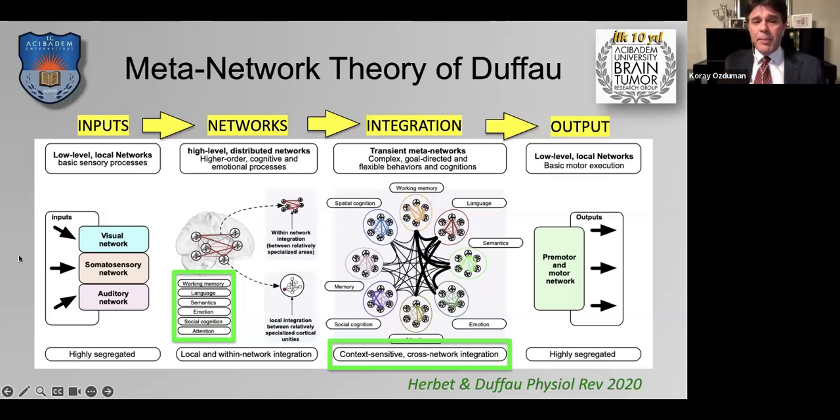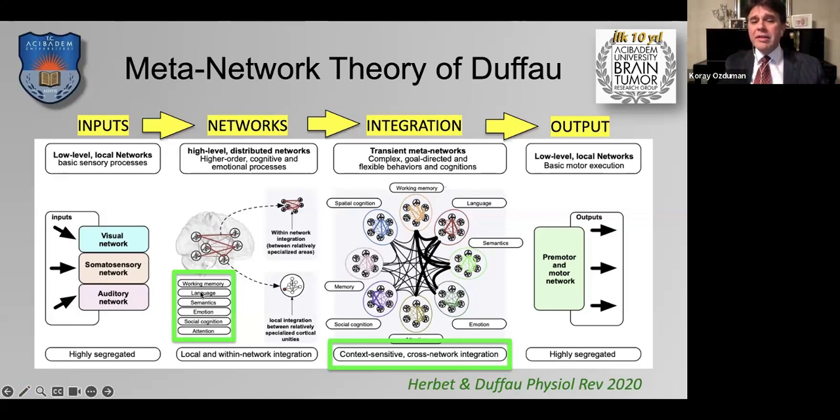All this information is fed into the networks that I just told you about: working memory network, language network, semantic network. Semantic means what something is called, like this is a pair of goggles, and the name for it is semantic. Then our emotions, social cognition, social understanding of each other, and then the attention network.